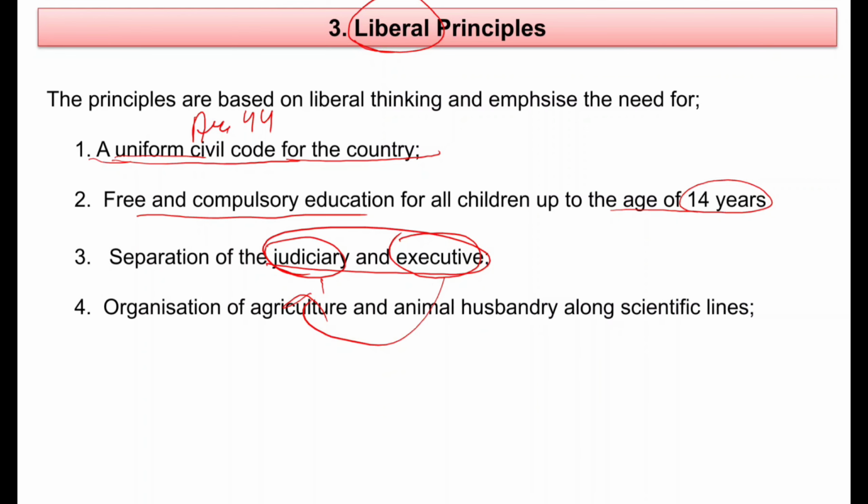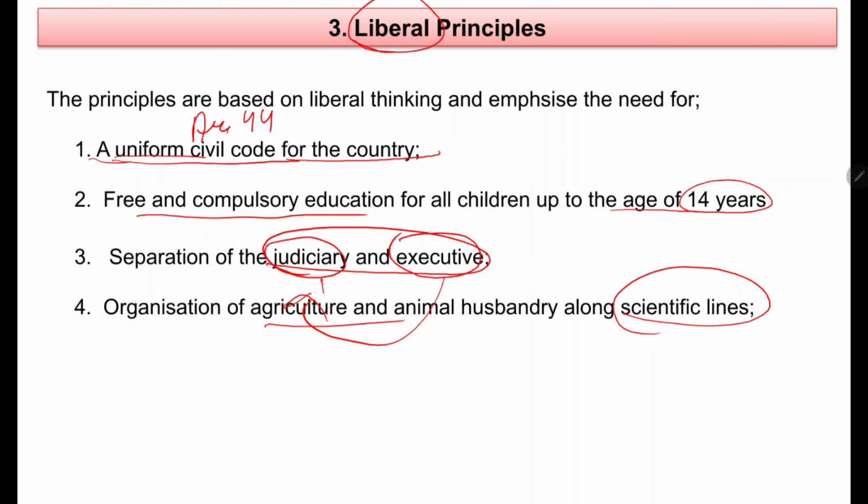Next, we have organization of agriculture and animal husbandry along scientific lines. So there should be establishment of organization of agriculture and animal husbandry, means there should be development. This will create employment, and in turn this will develop the people, and this should be on scientific lines, means there should be improvement, because revolution should be there.